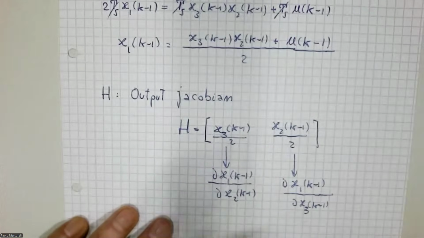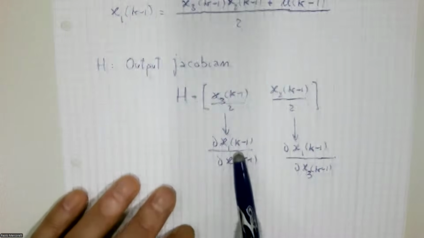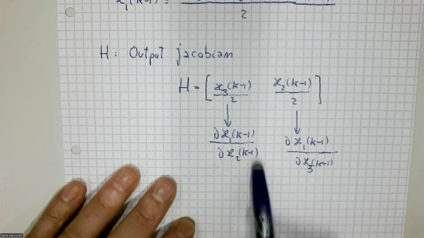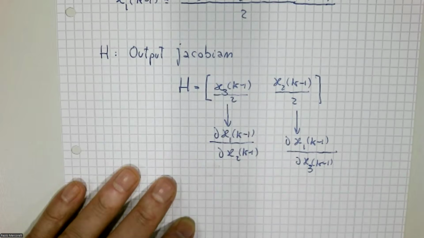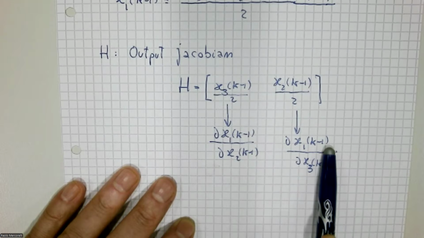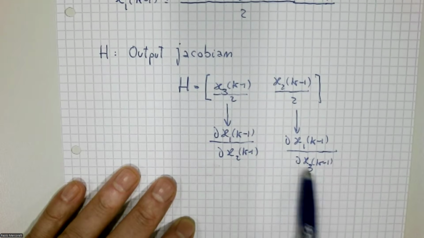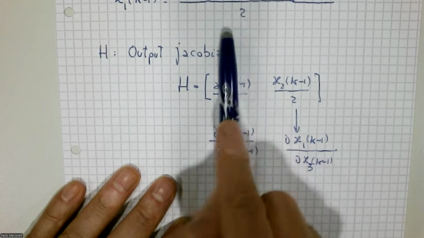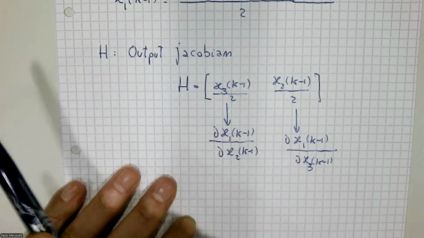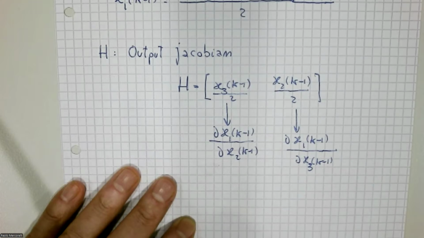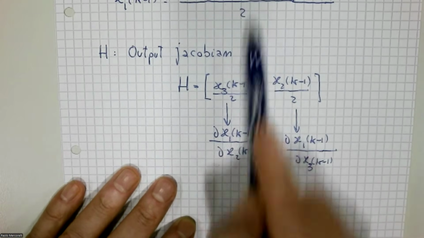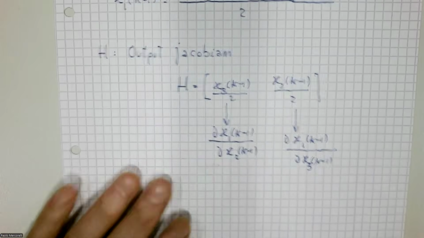The Jacobian: the derivative of x1 with respect to x2 of k minus 1 is x3 divided by 2. The derivative of x1 of k minus 1 with respect to x3 of k minus 1 is x2 divided by 2, no? Because once this is the state variable, and in the other case this here is the state variable.